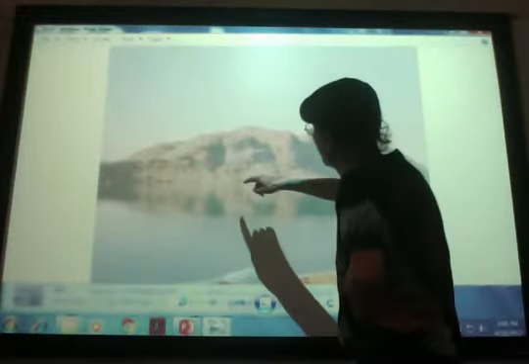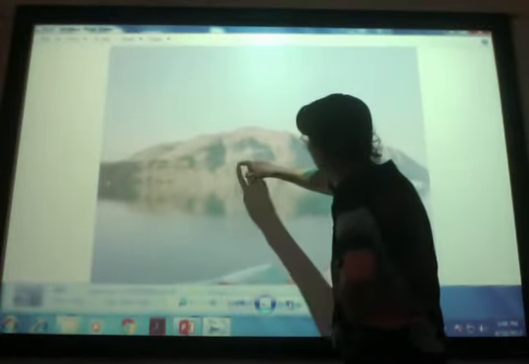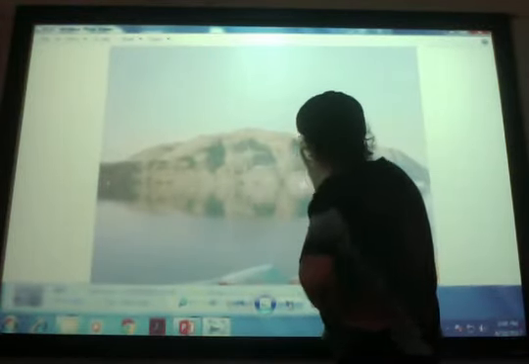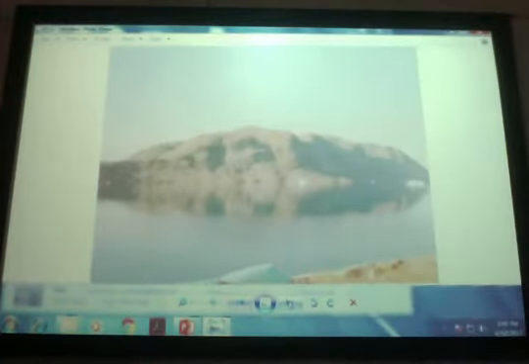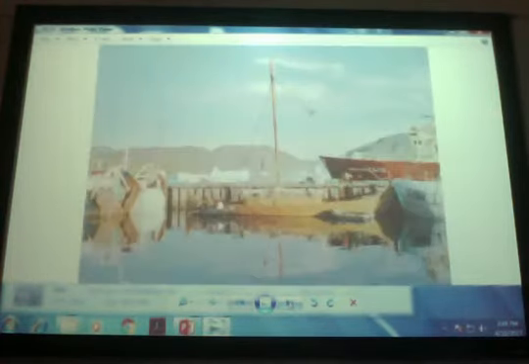So here you can see again a picture from the intrusion itself, and if one checks it very carefully, you can observe this magmatic layering everywhere.